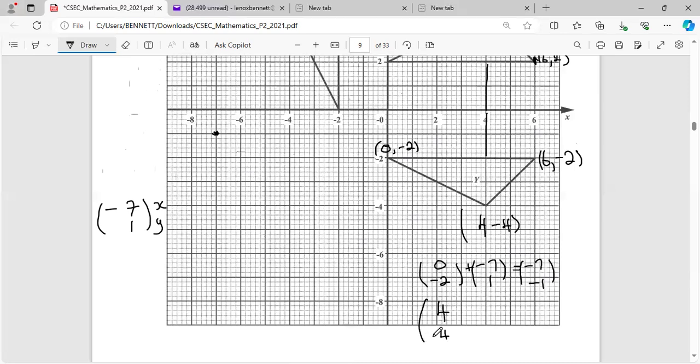So this is supposed to be -4 plus 7 and 1. So this is -3, -3. So we just plot this point here, -3, -3, right here.